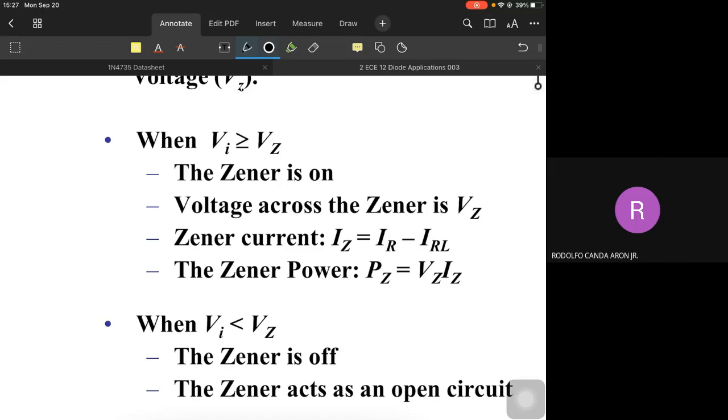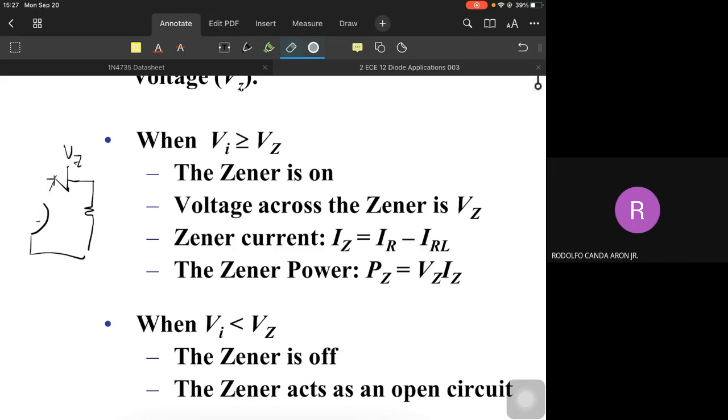Kung series ang atong circuit, just like this one, mag-conduct gyapon ang Zener diode but 0.7 volts lang. Kung naka-reverse bias, depende sa VZ.